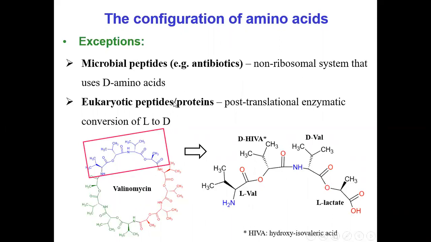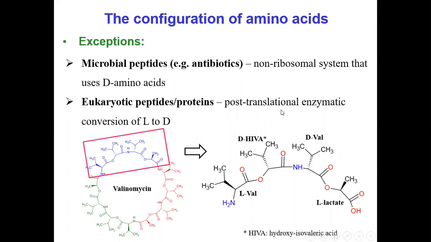The other instance where we find amino acids with the D configuration is in eukaryotes. And then we can find these amino acids both in proteins and peptides, but they appear in a very different way. Eukaryotes don't have non-ribosomal systems. They can only build peptides and proteins using ribosomes.